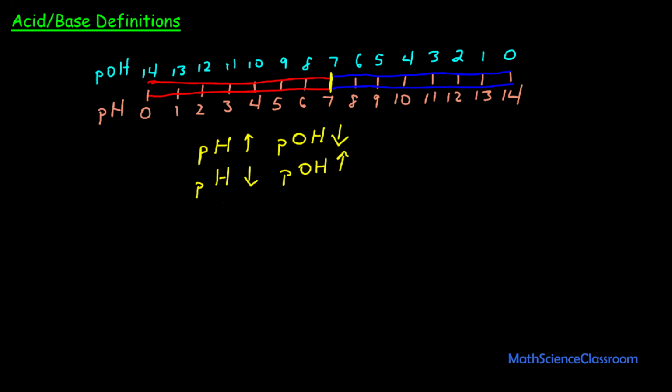So pH equals the negative log of the hydronium concentration, H3O plus, in moles per liter. And if we want to find the hydronium concentration, we would say 10 to the negative pH power equals the hydronium concentration, H3O plus.